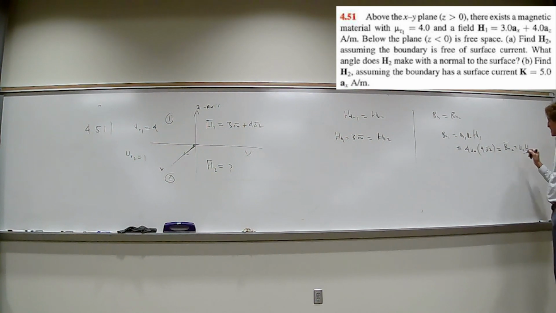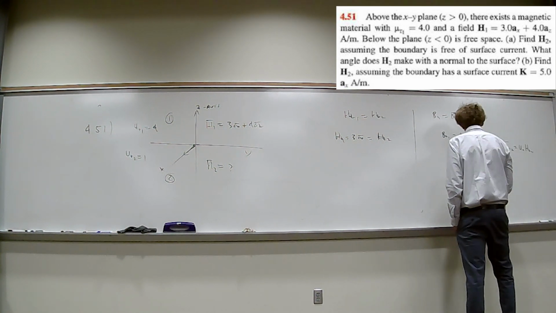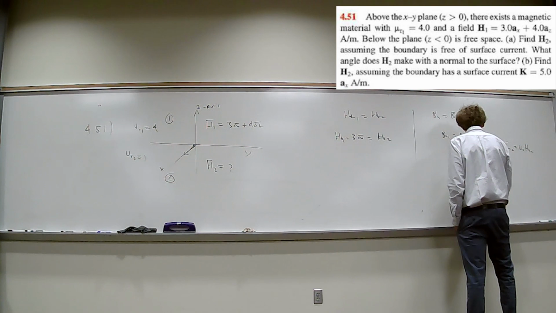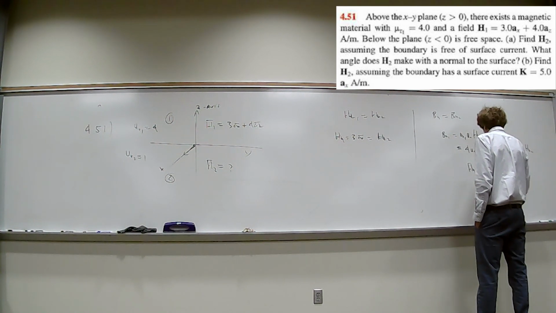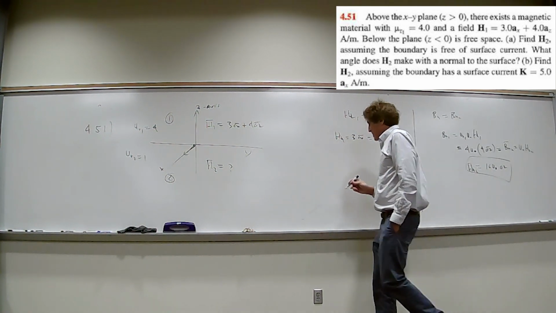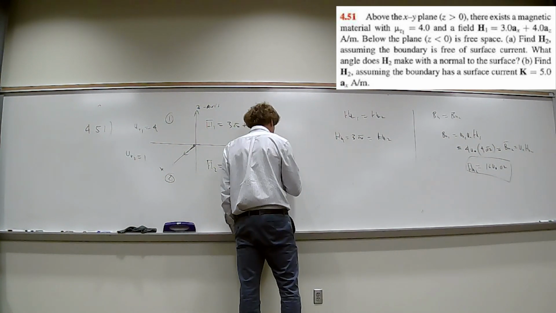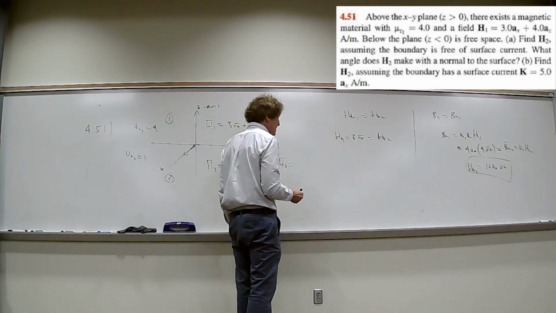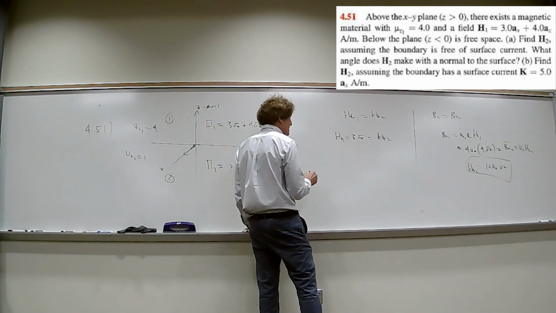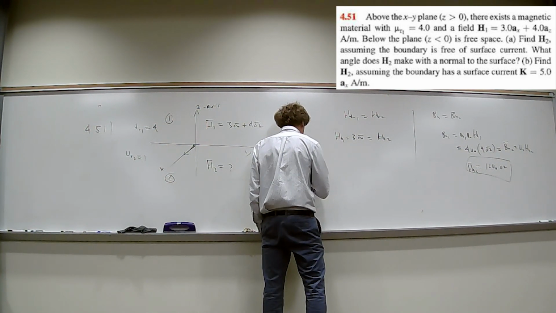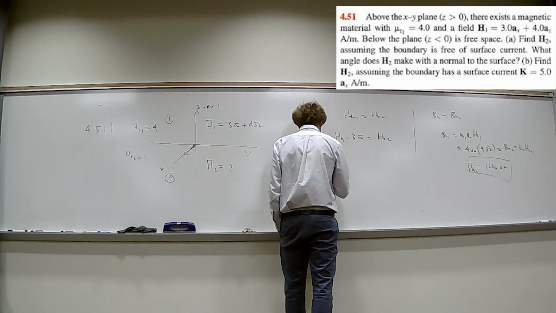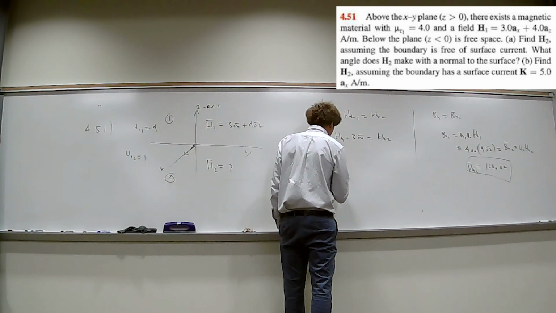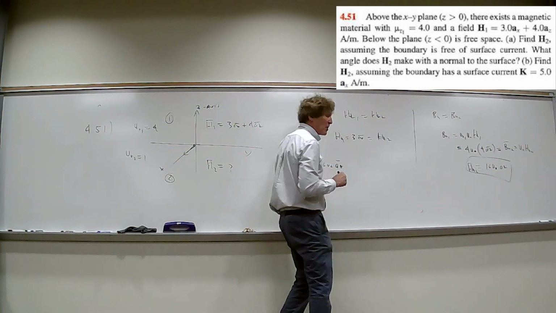Now if you look at that right here, that means the H normal component in region 2 would simply be equal to 16 mu 0 AZ. And therefore the total H field in region 2 would be made up of the tangent component, which would be 3AX, plus the normal component, which would be 16 mu 0 AZ. Can y'all follow me on how?